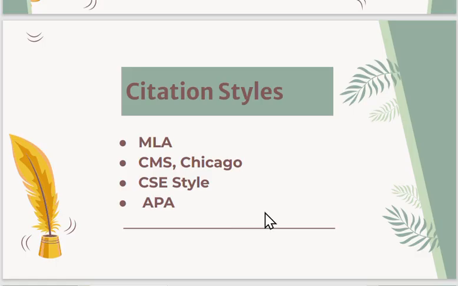Usually in writing English, we follow APA style. So as a researcher, you have to know how to use APA style and how to differentiate between these 4 citation styles. So next lecture, inshallah, we're talking about APA style.